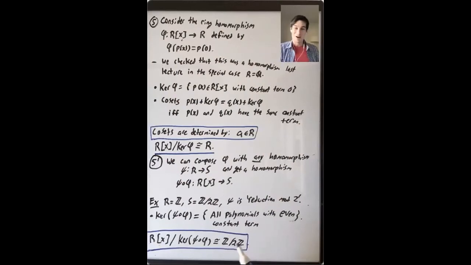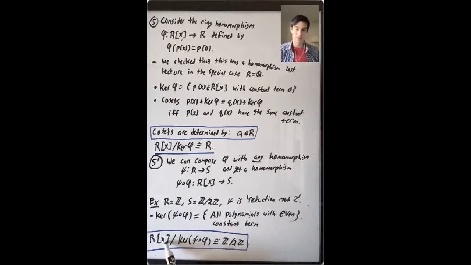Okay, so maybe this is not obviously true, but because this set of polynomials is the kernel of a ring homomorphism, it's an ideal. So you can also check directly that this set of polynomials satisfies the properties that you need for it to be an ideal.